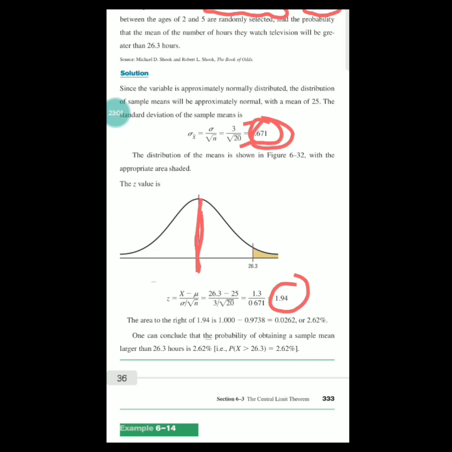The area to the right of 1.94 is 1.0000 minus 0.9738, which is equal to 0.0262, or 2.62%. One can conclude that the probability of obtaining a sample mean larger than 26.3 hours is 2.62%.